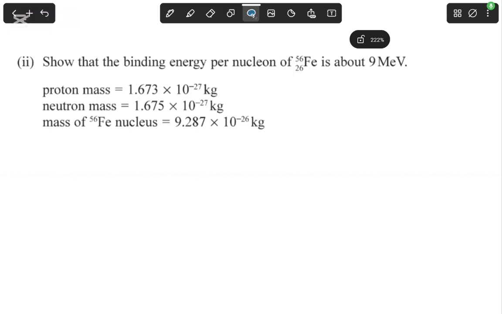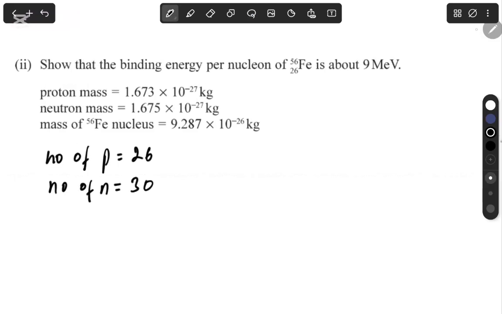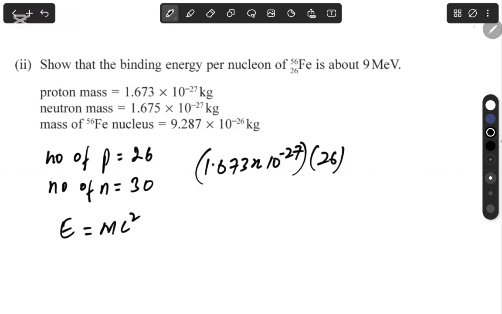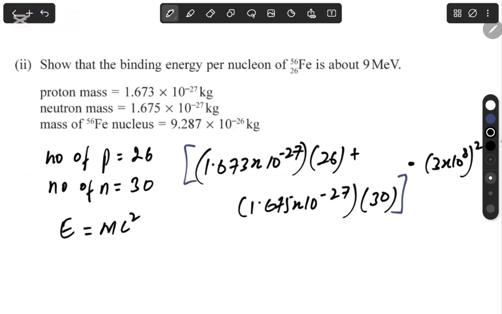Okay, next we have to show that the binding energy per nucleon of iron is about 9 mega electron volts. First thing we're going to do is find the number of protons and neutrons. That's going to be 26 protons and 30 neutrons. Then I'm going to do E equals mc squared. So I'm going to have the mass of the protons times the number of protons plus the mass of the neutrons times the number of neutrons. Now bracket all of that, and you're going to do times the speed of light squared.